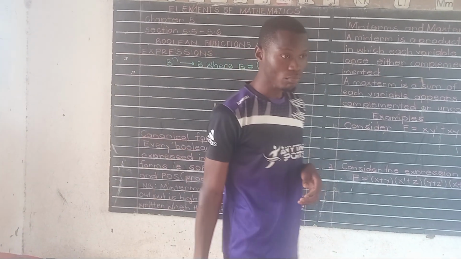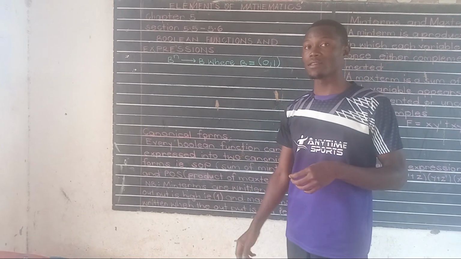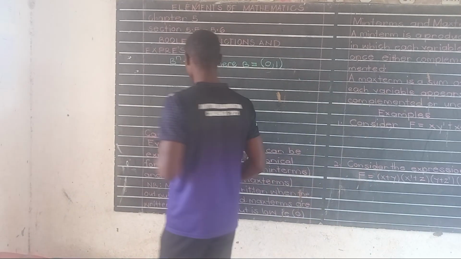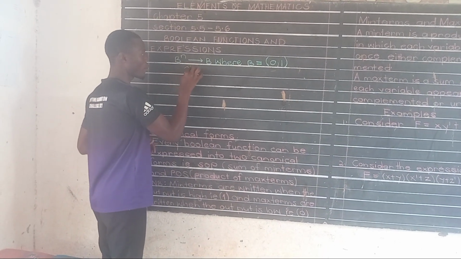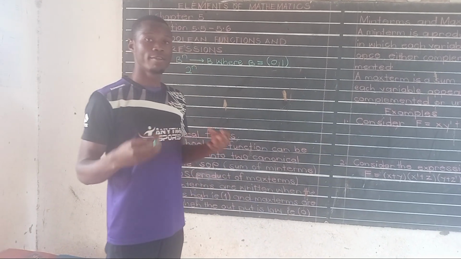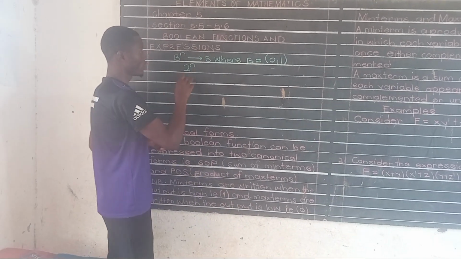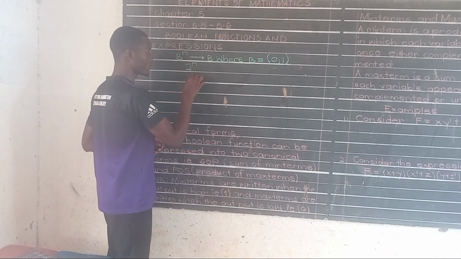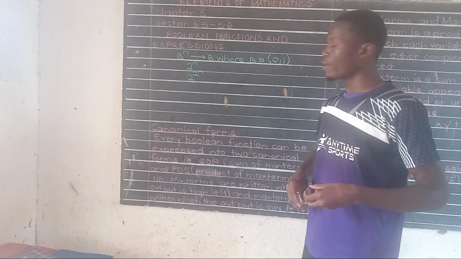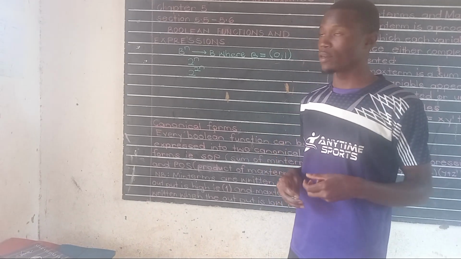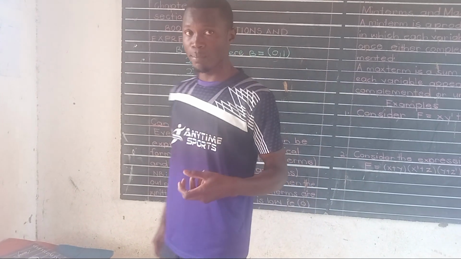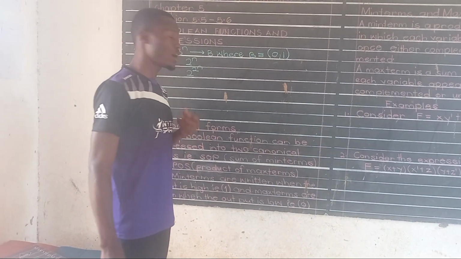Remember, each variable can take on two values, meaning I will have 2 to the power n possible input combinations, because I have n variables. But for each input combination, the output is either a 0 or a 1, which implies that I will have 2 to the power 2 to the power n possible Boolean functions as my output.